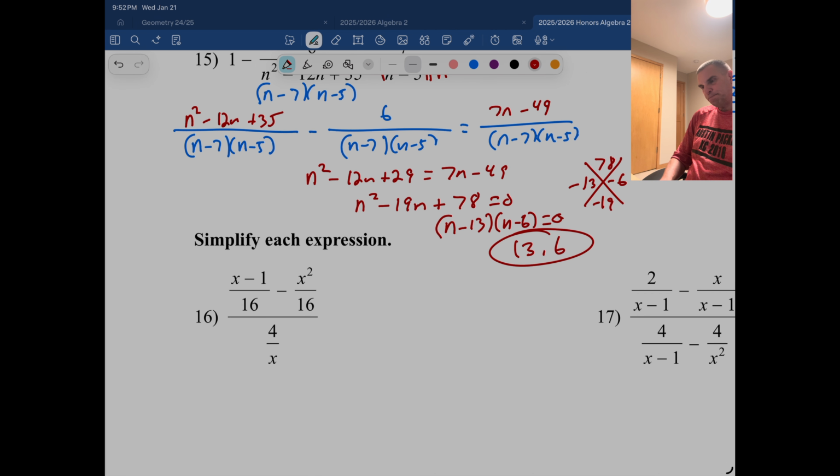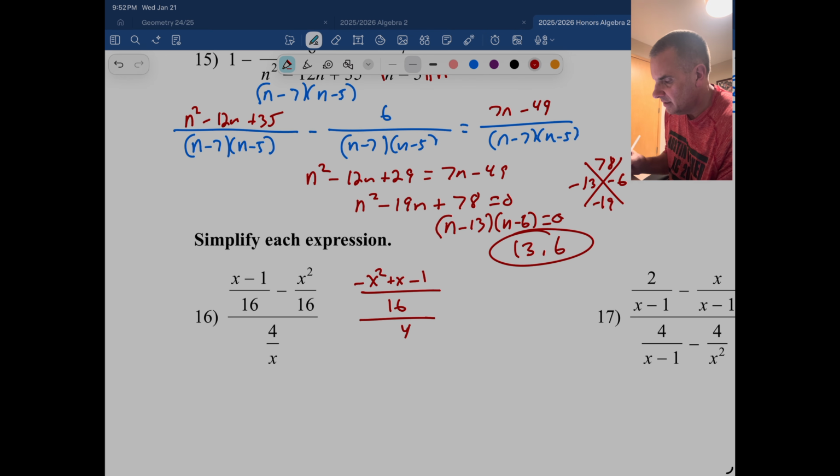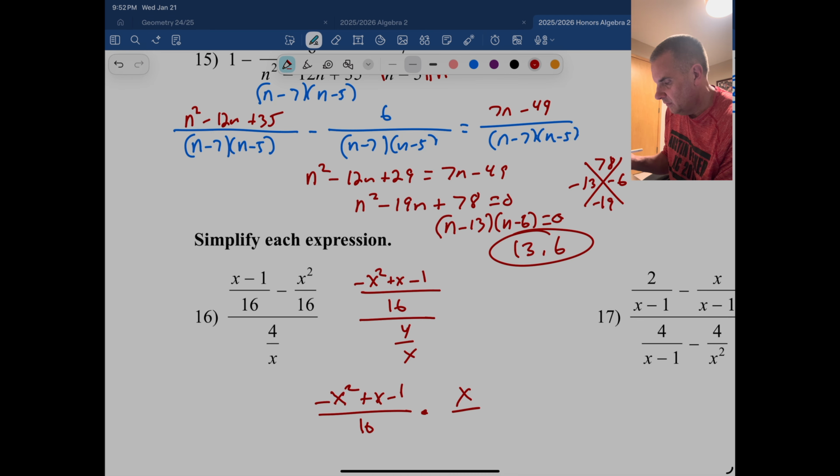Composite functions. Top one already has a common denominator. So that gives me negative x squared plus x minus 1 over 16 divided by 4 over x. So negative x squared plus x minus 1 over 16 times x over 4.